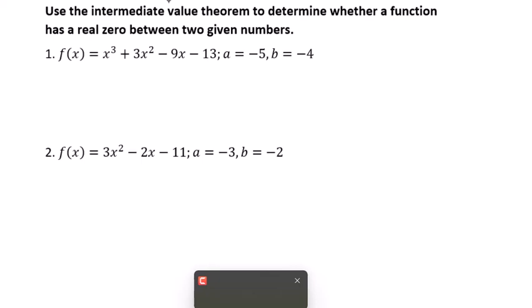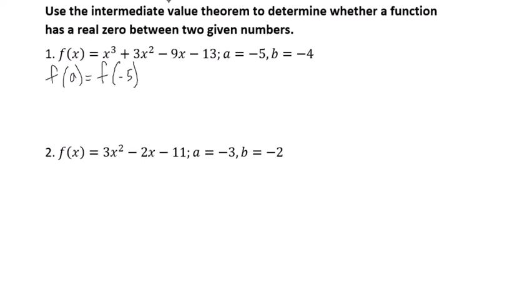All right, so let's start with this function that's here, and we're going to plug in f of a, which in this case is f of -5.